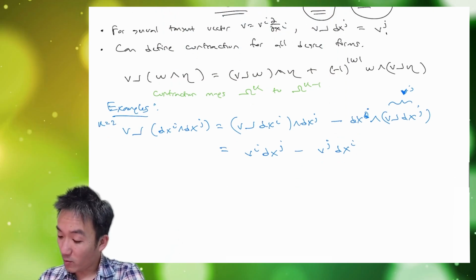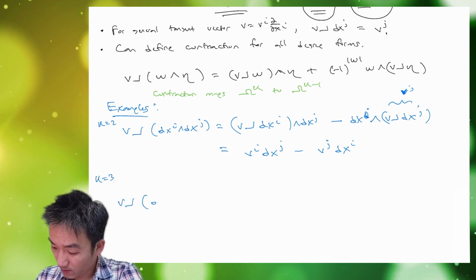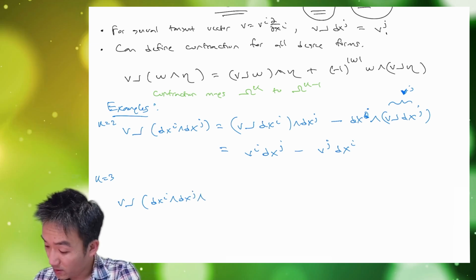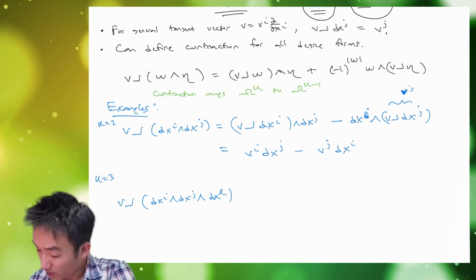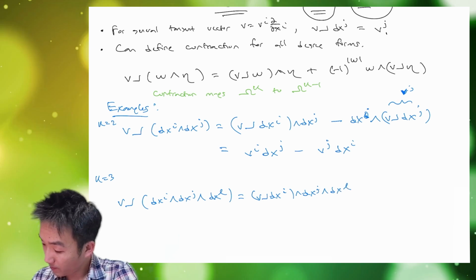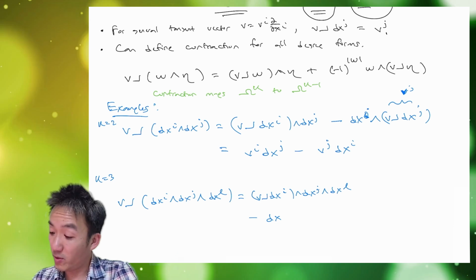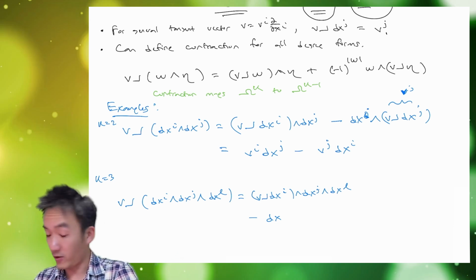And let's just do finally one more example for k equals 3. So we have v contract with dxi wedge dxj wedge dxl, minus, yeah, I'm actually applying the above formula sort of iteratively, so there's actually 3 terms.